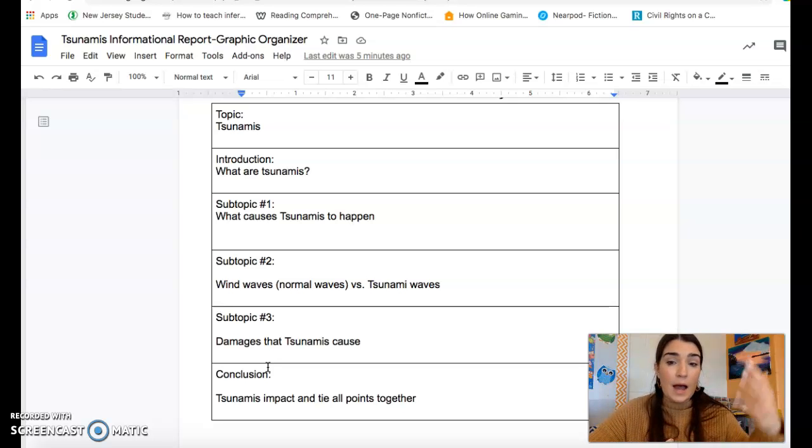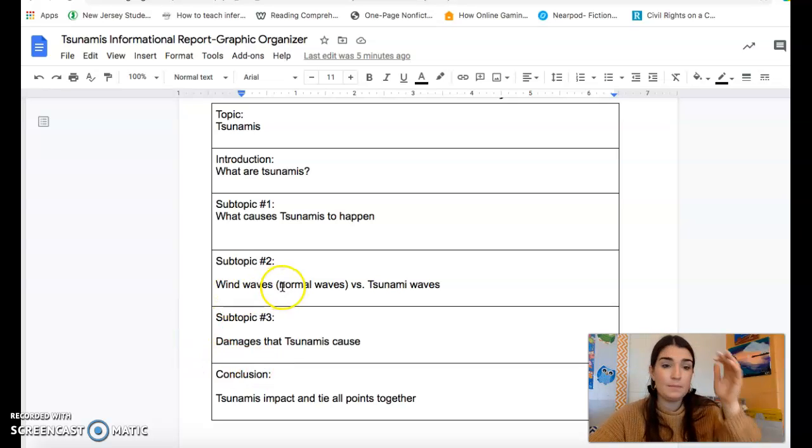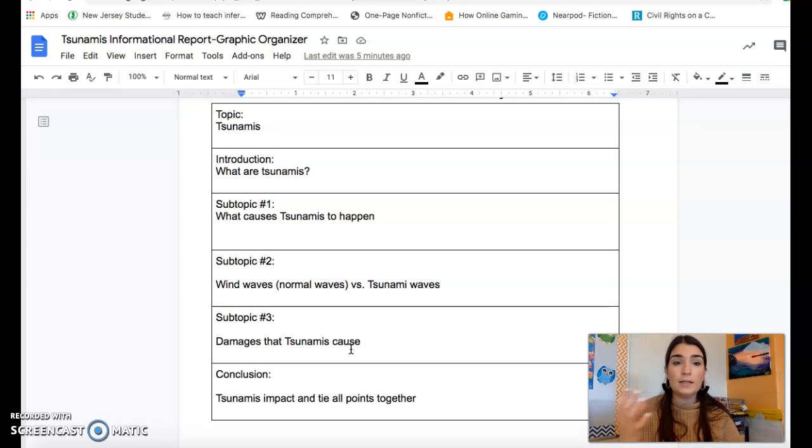So the way that I'm going to organize my writing is I'm going to use the subtopics or headings: what causes tsunamis to happen, wind waves versus tsunami waves, and damages that tsunamis can cause. Those are the 3 different headings I'm going to use in my writing to tell my reader what I know about my natural disaster. We've become experts in them at this point. So it's important that we now are able to write it in a way that makes sense.